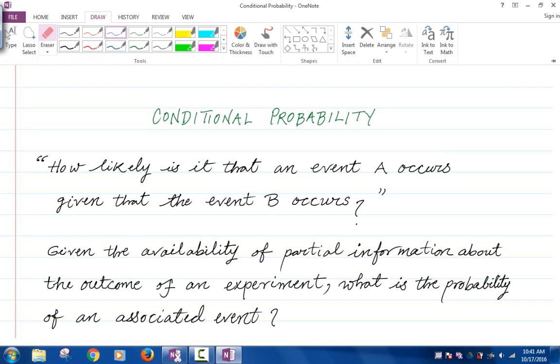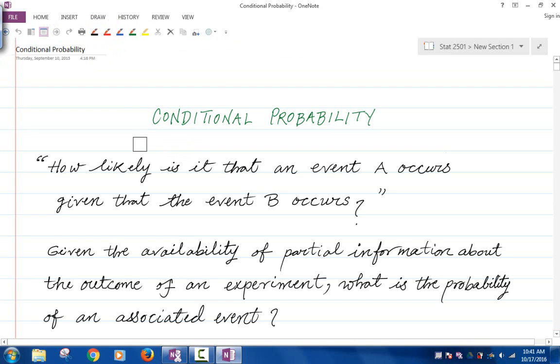Okay, so we're now looking at the conditional probability. So what is that?